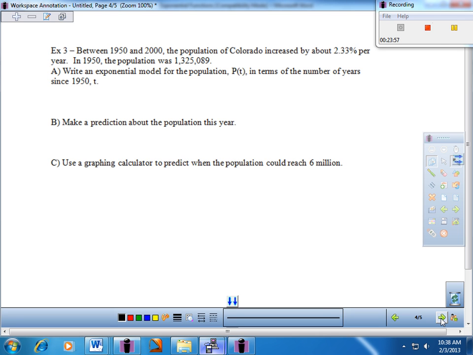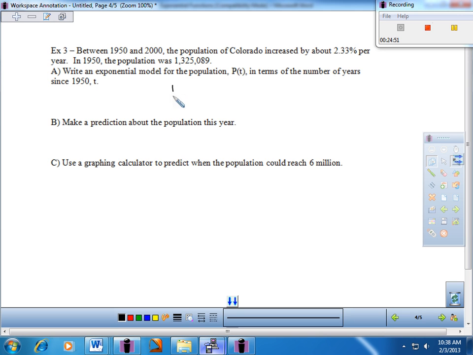No. This is what's called an annualized percentage. So when you take a look at all 50 years and you annualize the percentage increase, it comes out to 2.33% per year. In 1950, the population of Colorado was just over 1 million. So it says write an exponential model for the population in terms of time. Here we go. There's your notation in terms of the number of years since 1950.